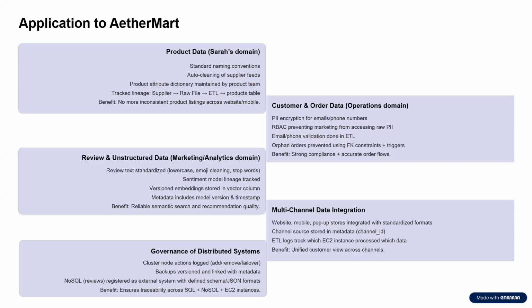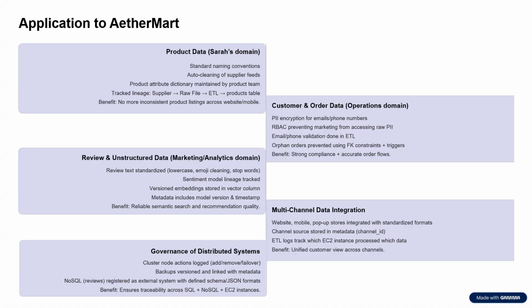Then we have customer and order data. So in this domain, we have PII encryption. So this is kind of an operational domain. So we need to make sure that we do not have any personal data which is not encrypted. We have the RBAC roles so that everyone cannot access every data.